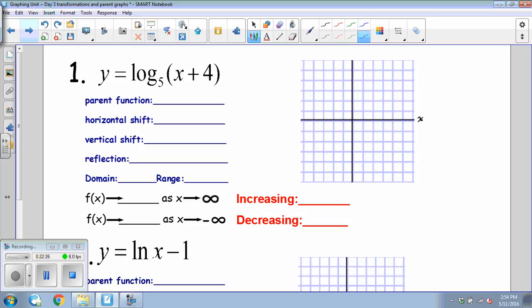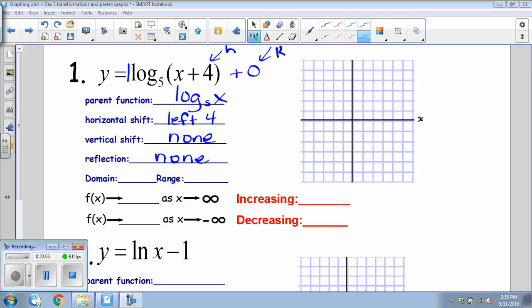Lastly, we have some examples of logs. So my parent function, remember the base stays the same, is log base 5 of x. This is h, so it shifted left 4. I don't have anything for k, so there's no vertical shift. A is positive, so there's no reflection.